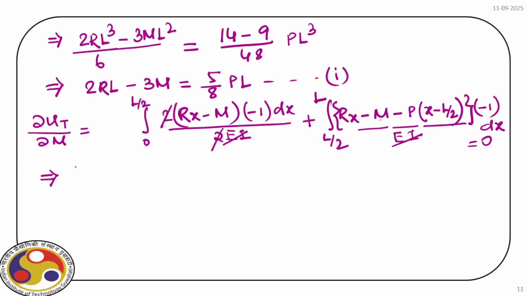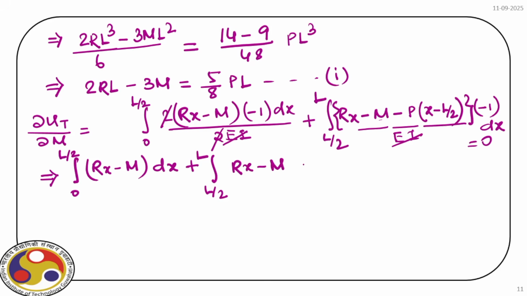So effectively what we have, 0 to L by 2, Rx minus M times dx, plus the second part L by 2 to L, and we have Rx minus M minus P times x minus L by 2 dx. So this is equal to 0.